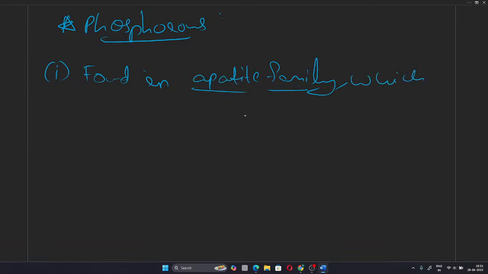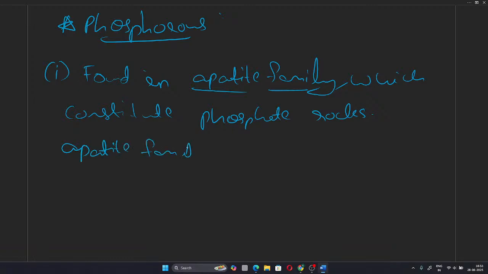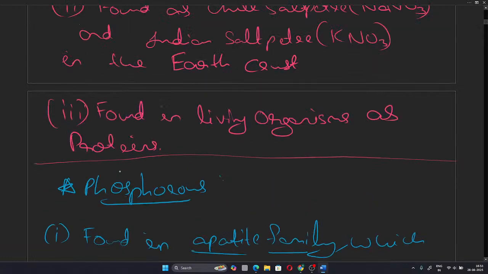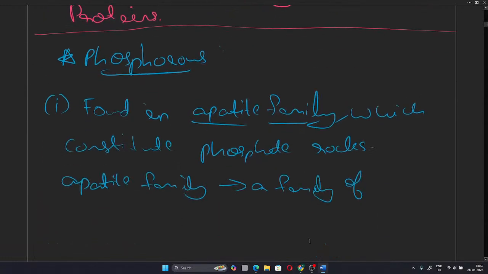which constitute phosphate rocks, and the apatite family is a family of calcium phosphate salts.